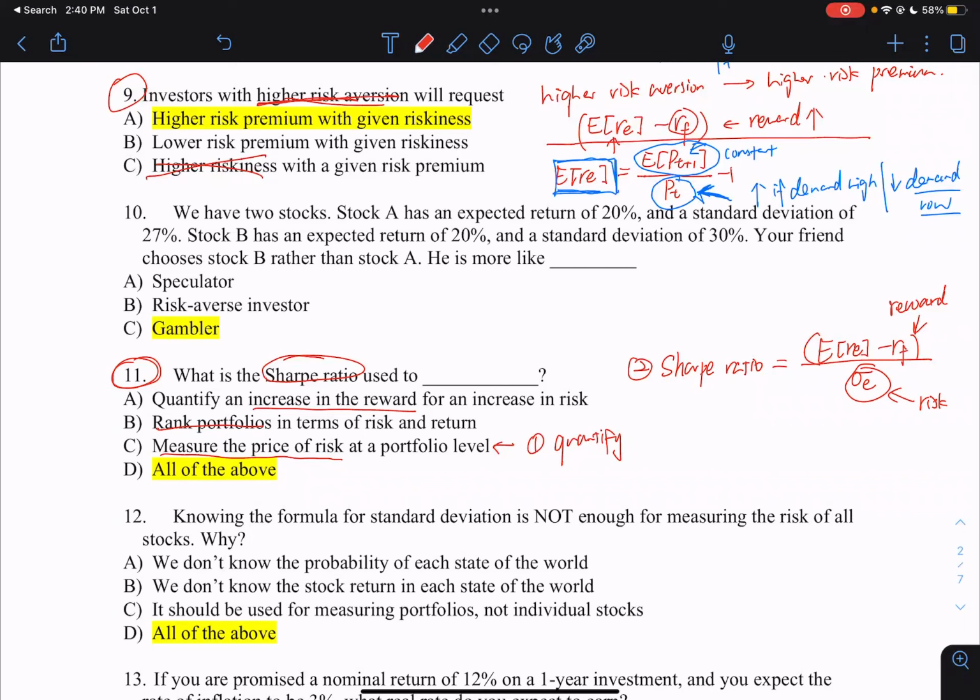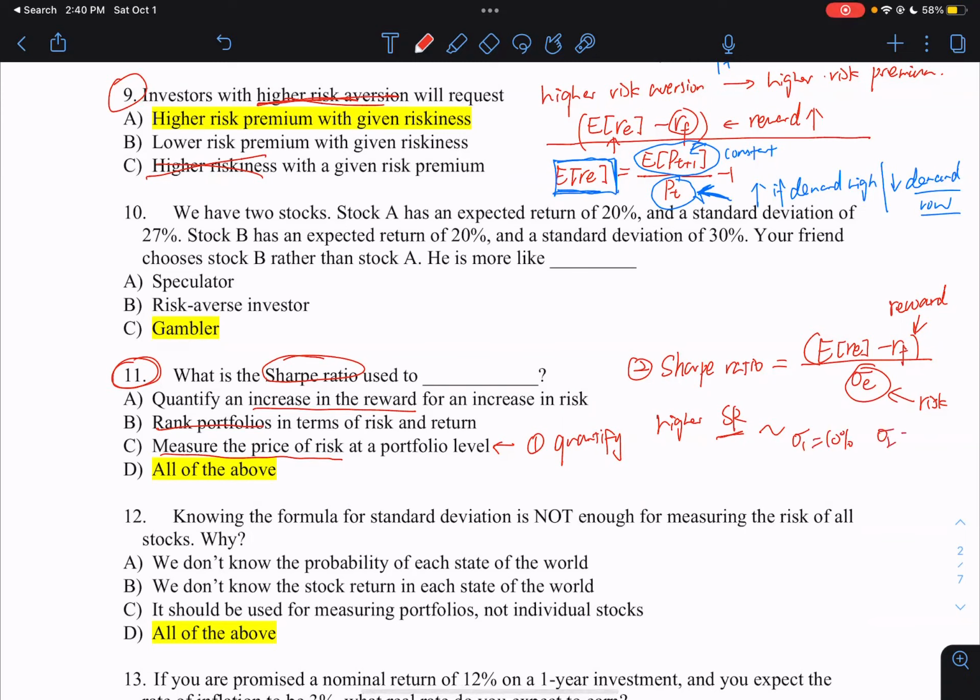And the higher Sharpe ratio means, for a given risk level, suppose you have two portfolios. Portfolio 1 gives you a standard deviation of 10%.